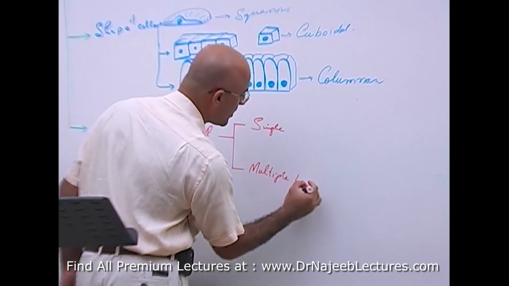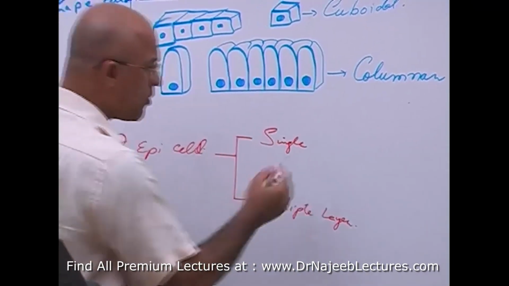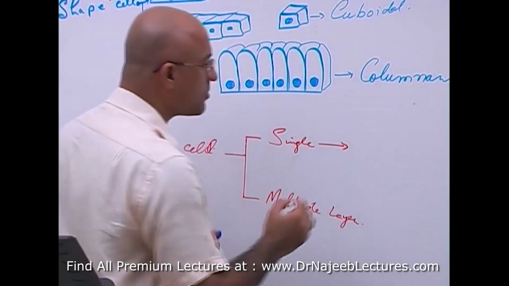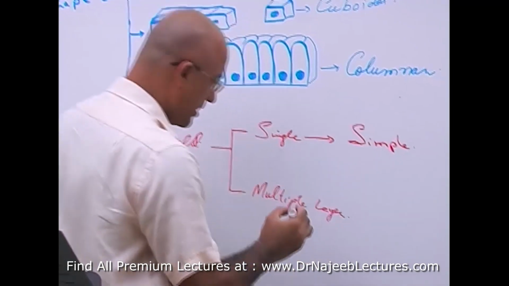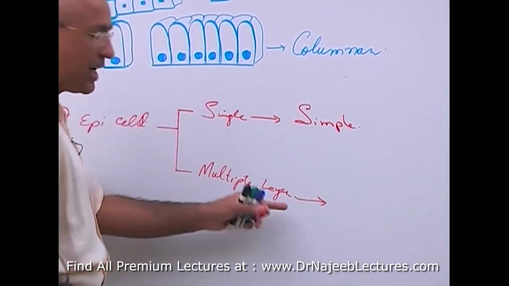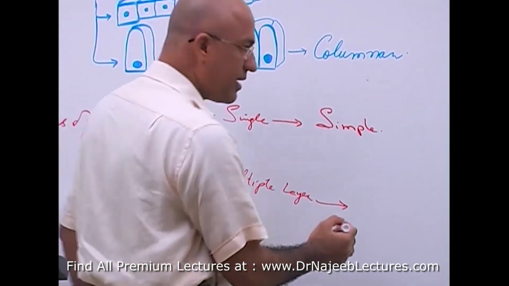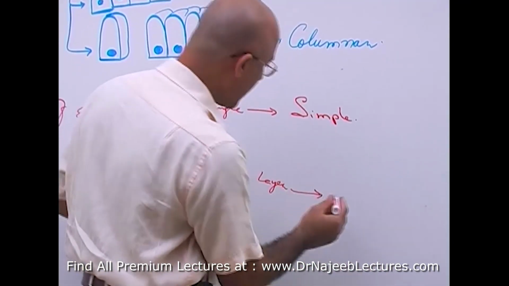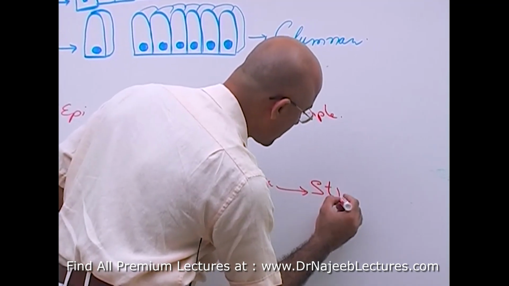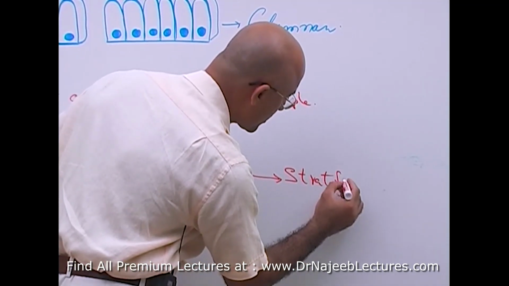Whenever there is a single layer, such epithelium is called simple epithelium. And if there are multiple layers, we call this stratification. So when there are multiple layers, we call it stratified epithelium.